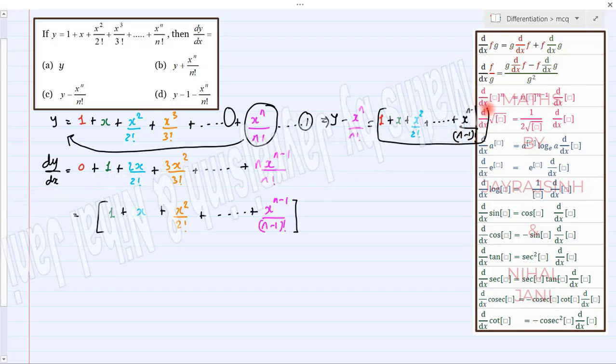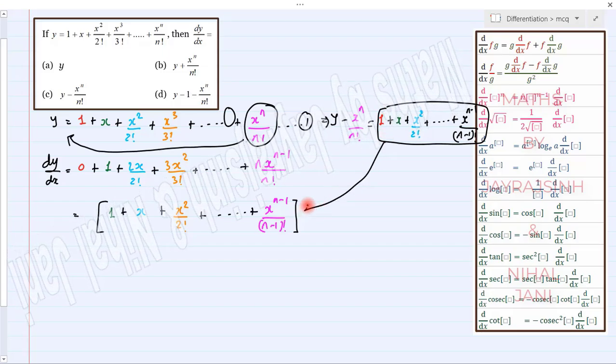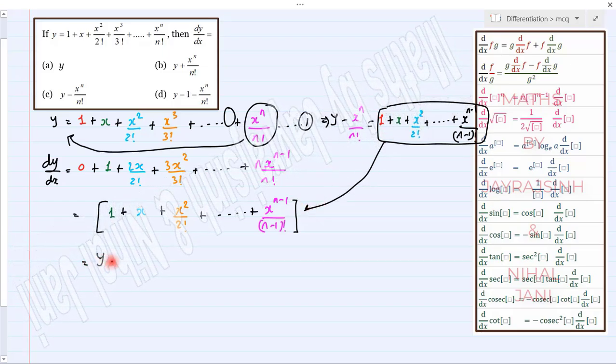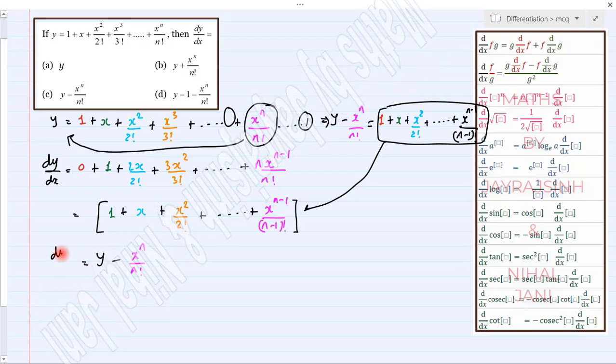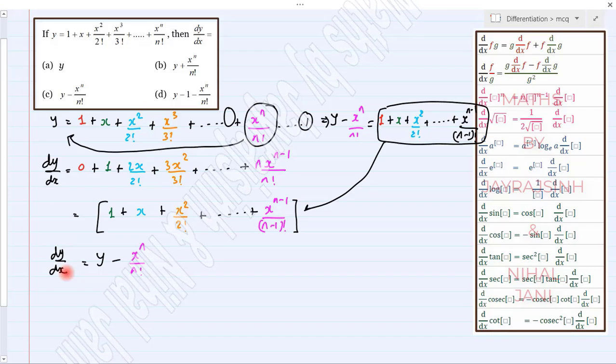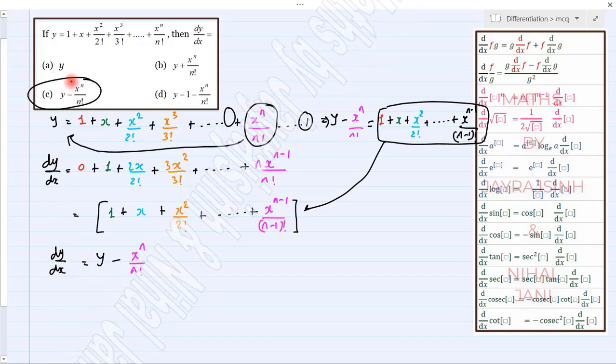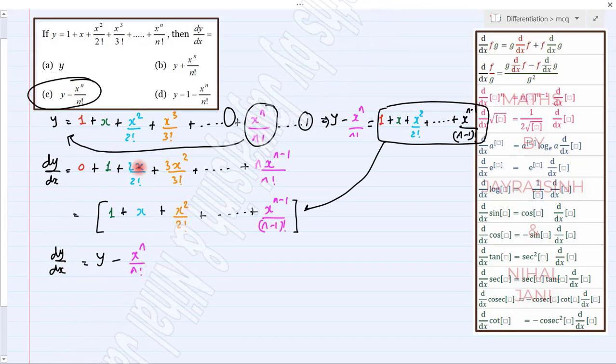So let's substitute its value over here. So we will get y minus x raised to n upon n factorial as your dy by dx, which is given in option C. Ta-da!